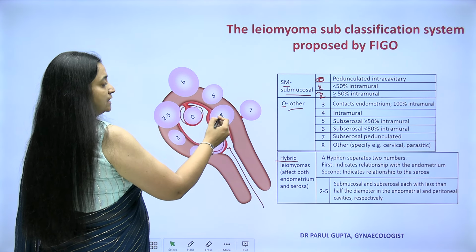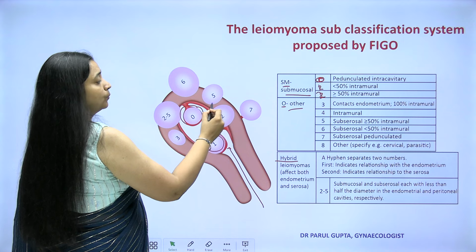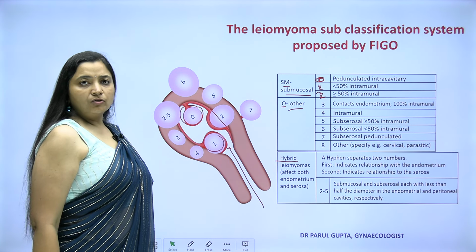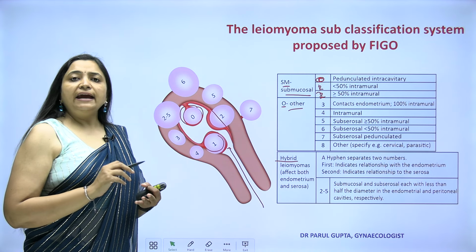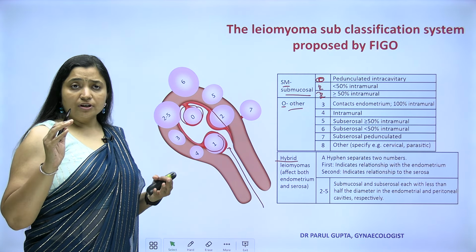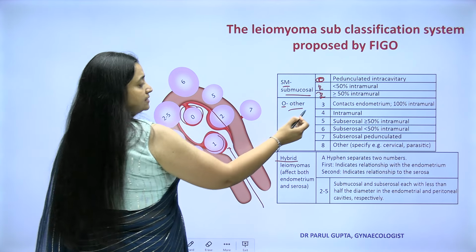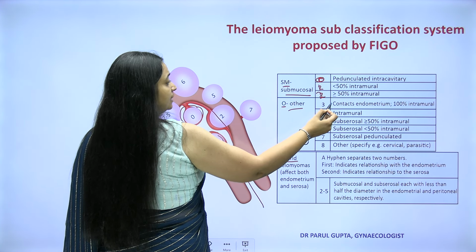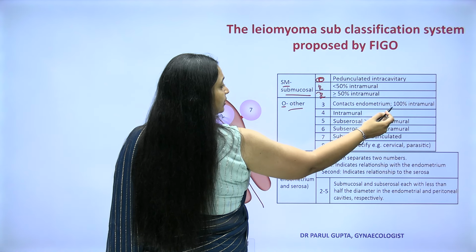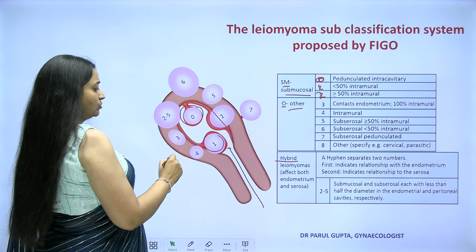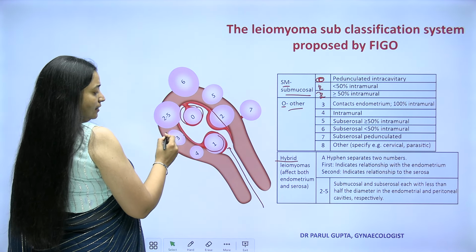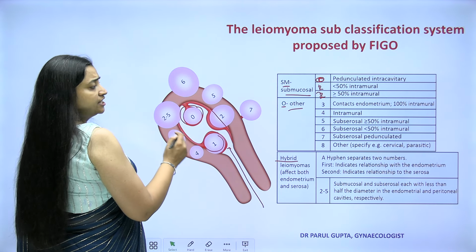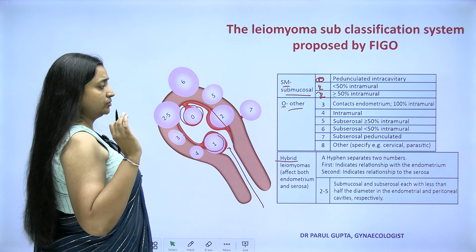Then comes 2, it is also submucous but more than 50% of the body is lying inside the myometrium. So 0, 1 and 2 are submucous fibroids. Then others are 3, 4, 5, 6, 7, 8. 3 contacts the endometrium but it is 100% intramural. What does that mean? It is 100% inside the myometrium but a part of it is just touching the endometrium.